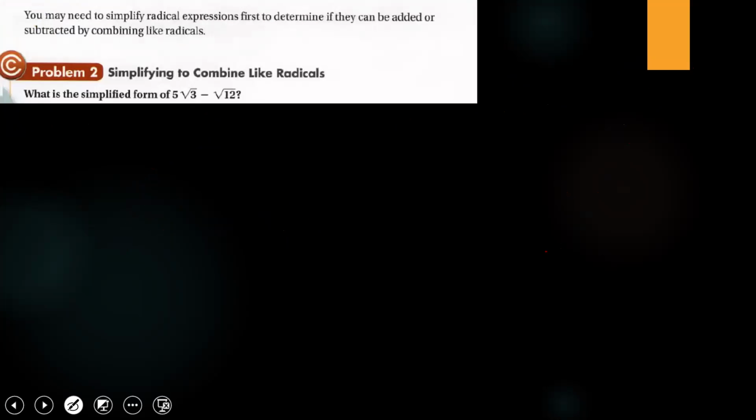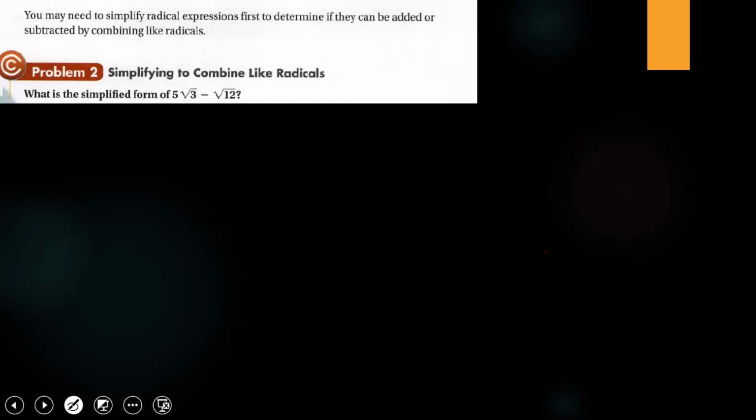Now, sometimes you need to simplify the radical expressions first to determine if they can be added or subtracted by combining the radicals. What does it mean? Look at this example here. Here we have 3 and 12. If you look at them first, you tell me, teacher, the numbers under the square root are not the same, so we cannot add them.